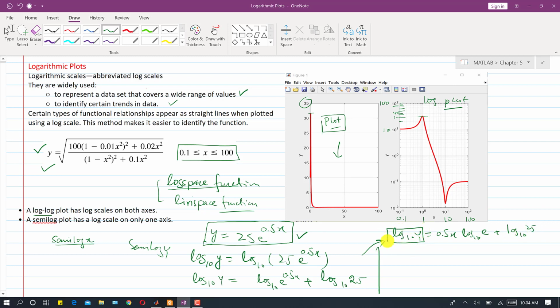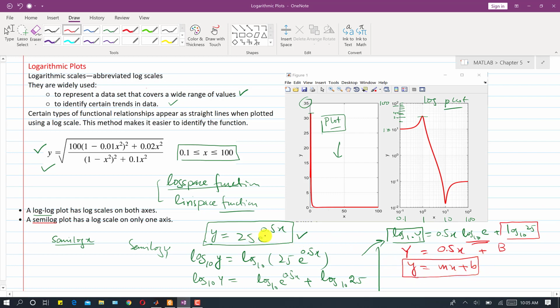Let's suppose instead of log 10 y I write capital Y, and this will be 0.5x times 1, since log to the base 10 of e is 1, plus some constant, which I write as capital B. As we can see, if we compare it with the equation of a linear line, that is y equals mx plus b.